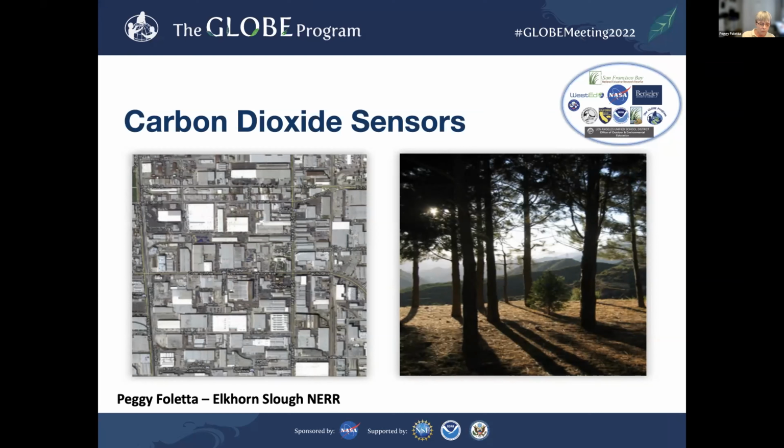So I worked with our drone specialist at Elkhorn Slough, and we put the sensor on a drone and flew it over our grassland, estuary, and forest, just to see if we could detect differences in carbon dioxide in these different locations. But because a drone has rotors, it really stirs up the air, and we have to work on it because we were starting to get drastically changing readings.